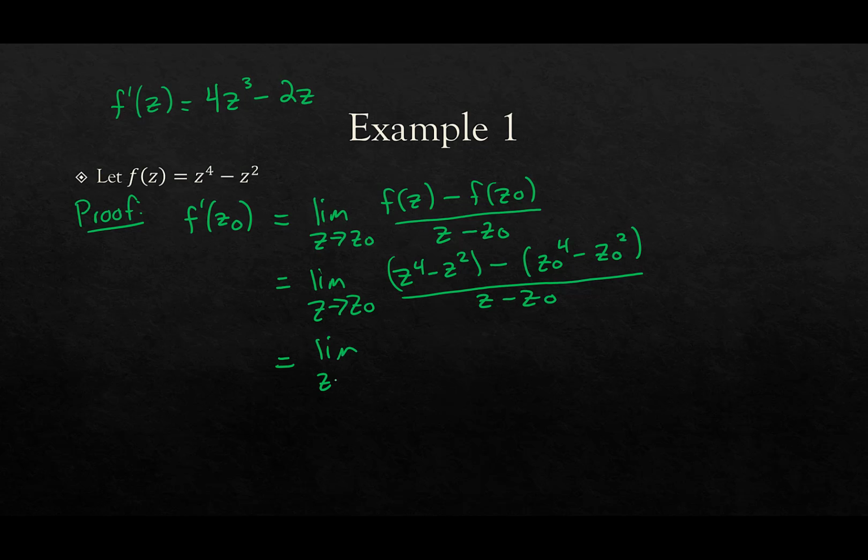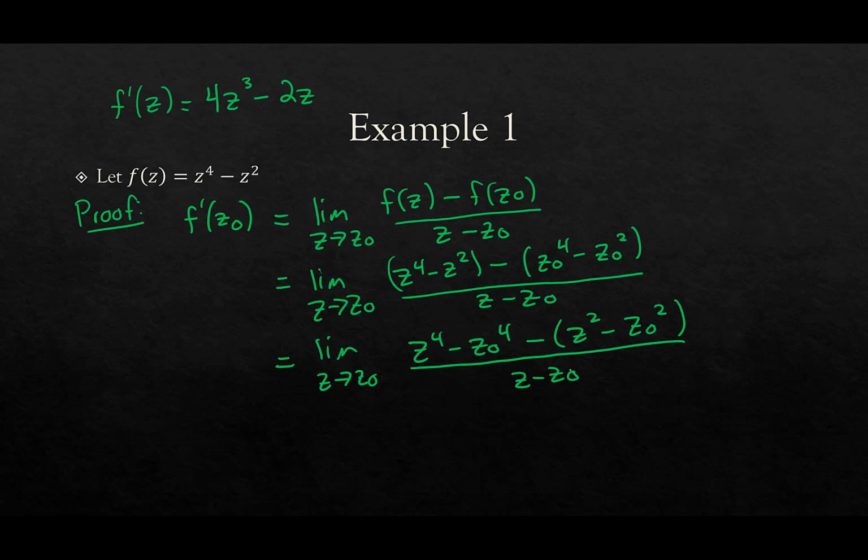So this is the limit as z approaches z naught of z to the fourth minus z naught to the fourth, and then minus, in parentheses, z squared minus z naught squared, all divided by z minus z naught.